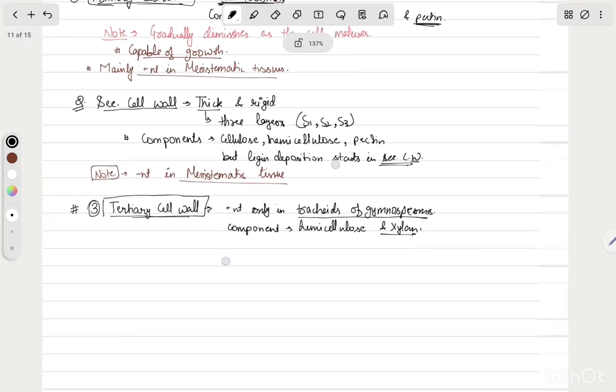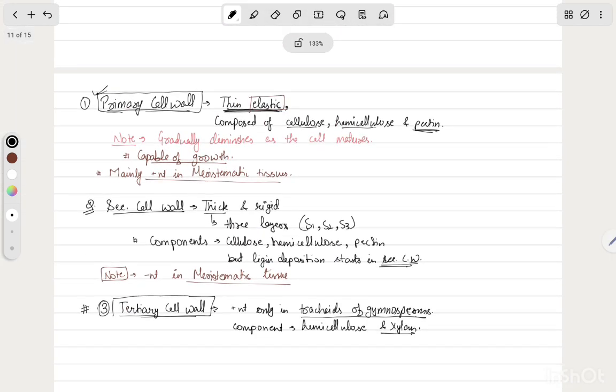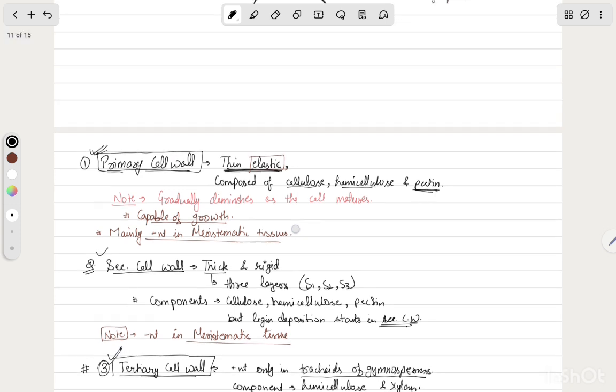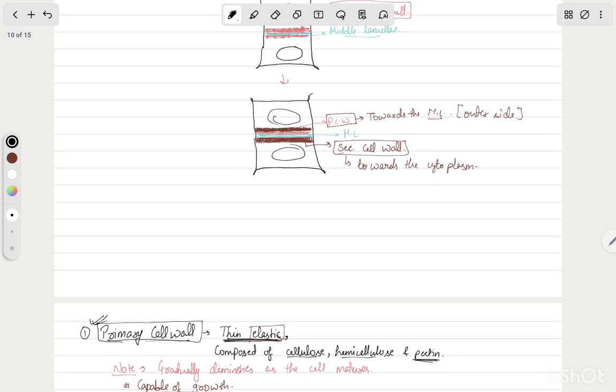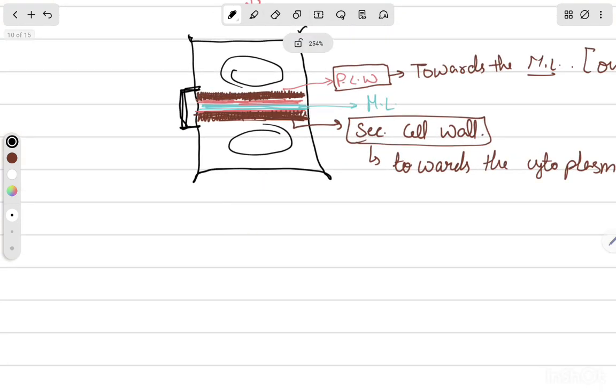Now, we have discussed all the layers of cell wall, that is primary cell wall, secondary cell wall, and tertiary cell wall if present, that is in tracheids of gymnosperm. So if we compare this complete layer, the inner layer is secondary cell wall, right? This sky blue layer is middle lamella, and this pink layer is primary cell wall.